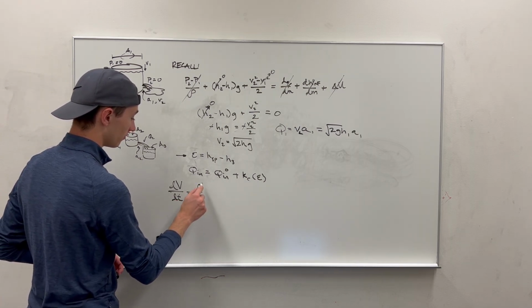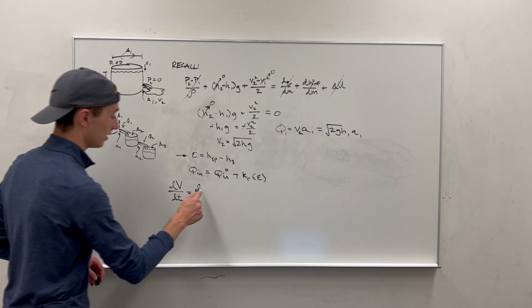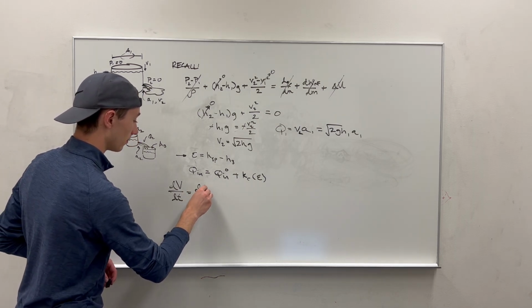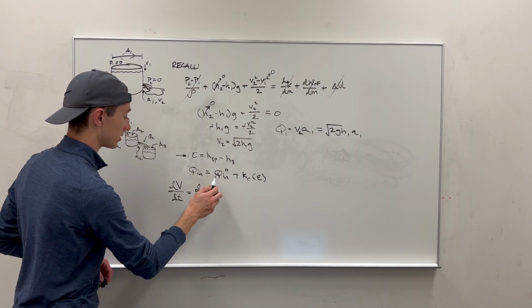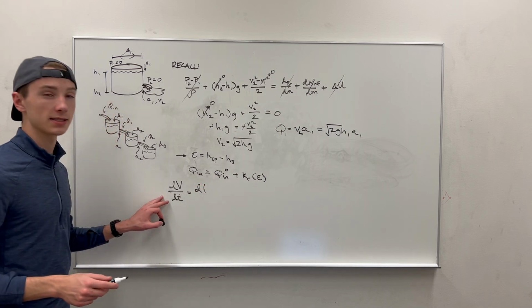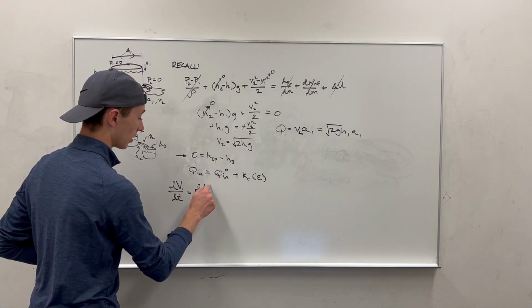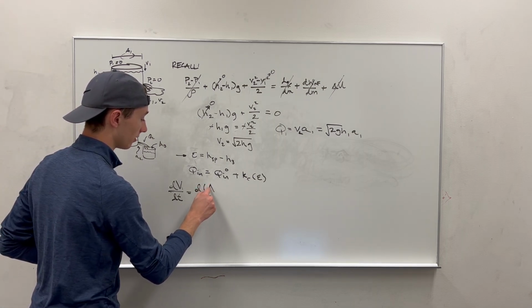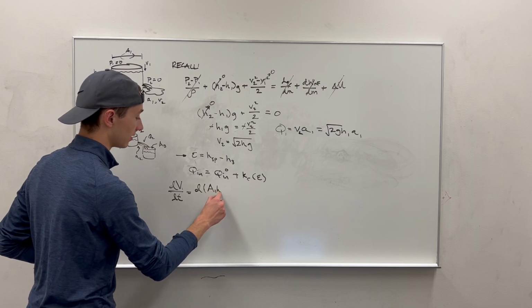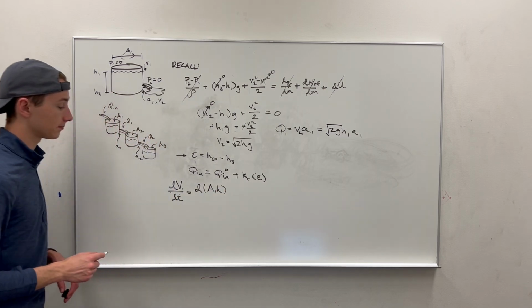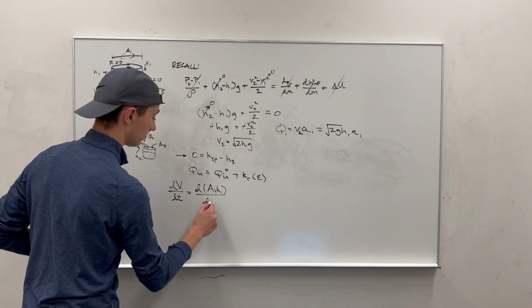So volume, if you remember, is the cross-sectional area. Let's do this for the first tank. So the rate of change of volume in the first tank is described by the rate of change of area times height, right? Volume with respect to time.